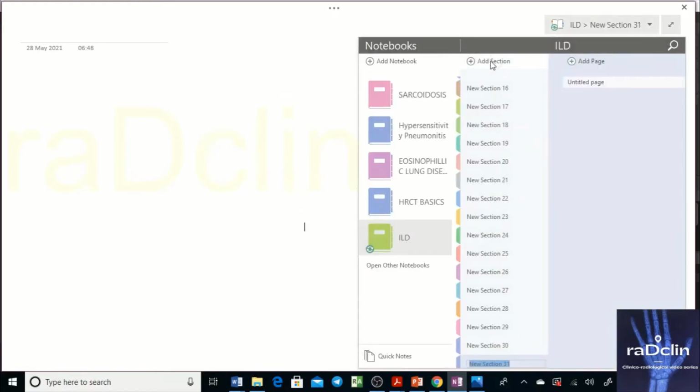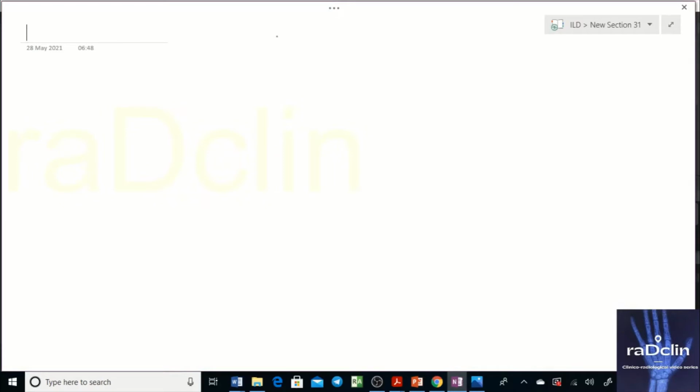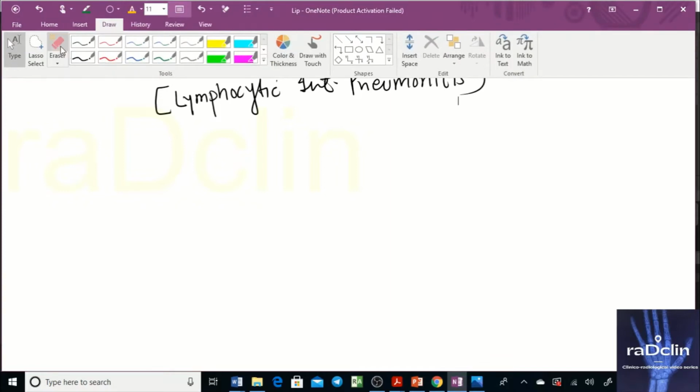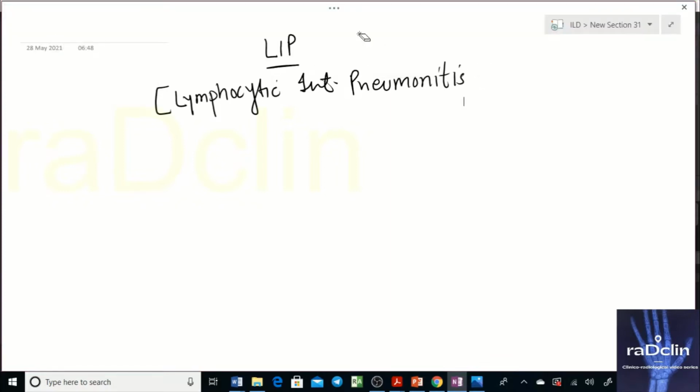So first look at LIP. LIP is nothing but lymphocytic interstitial pneumonitis. By the name it can be easily deciphered that there is infiltration of lymphocytes.